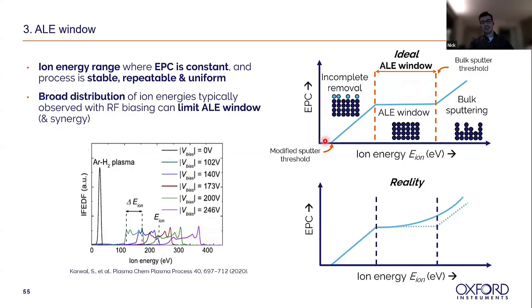So in practice, our ALE window doesn't quite look like a nice theoretical process. There's a little bit of a bowing upwards to the process because your ion energy distribution spans across this box.